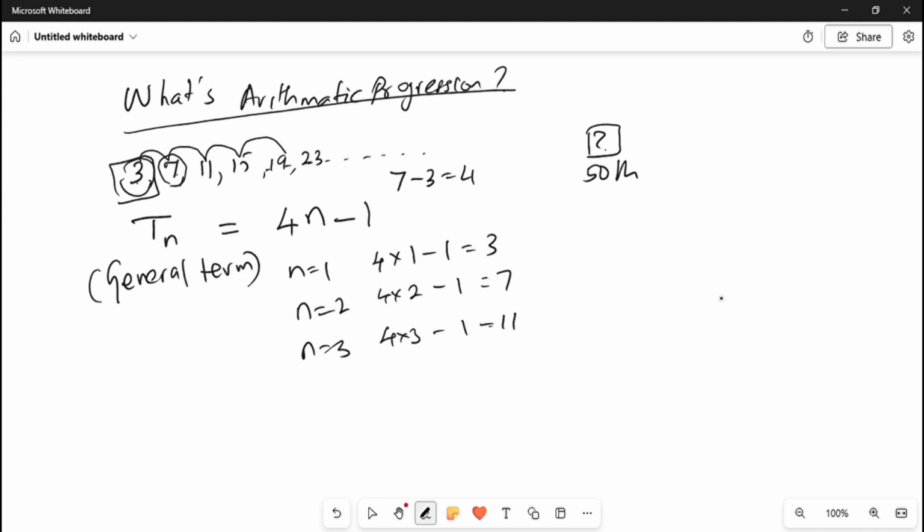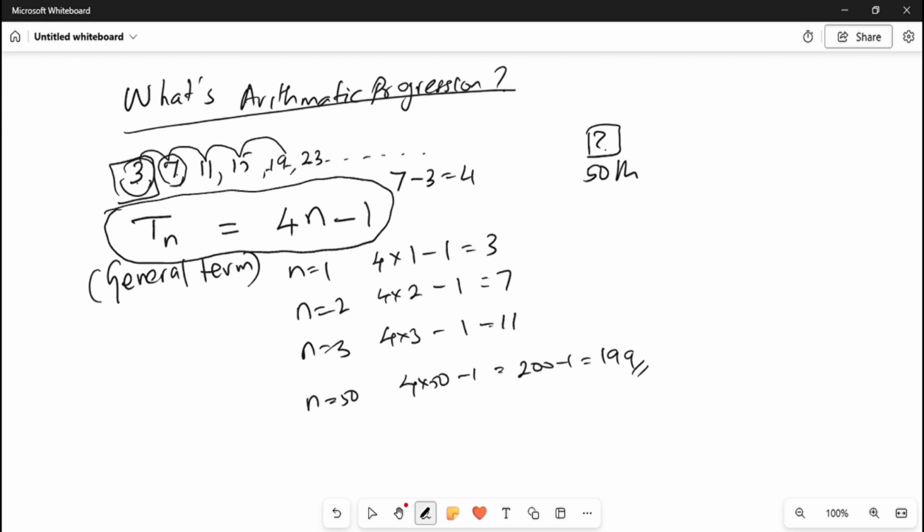If you want the 50th term, n is 50: 4 into 50 minus 1, 200 minus 1 is 199. So this is the way we find the nth term, Tn, by a particular formula. For this pattern only this formula is applicable, because it is increasing by 4.